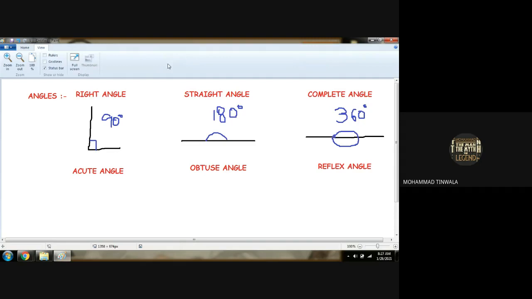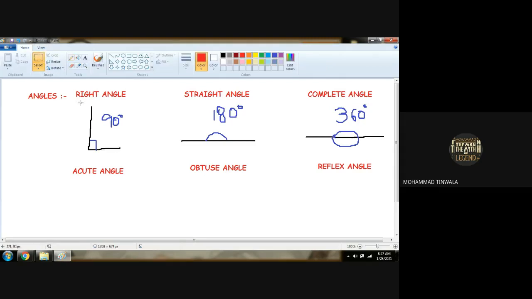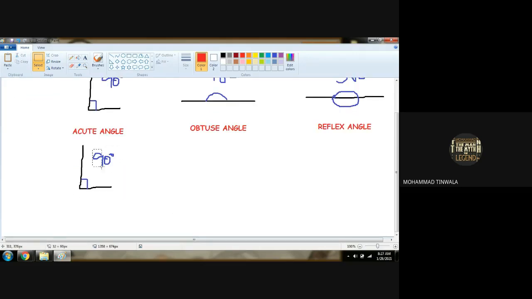Now, what do you mean by acute angle? Can I say that it's the part where we first copy 90-degree, and I will remove 90-degree from here? We know that 90-degree is this. But acute angle means what? Not 90-degree. The angle which is less than 90-degree. It may be from 0-degree to 89-degree.